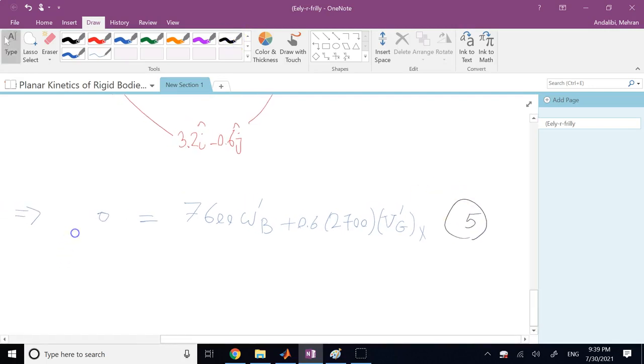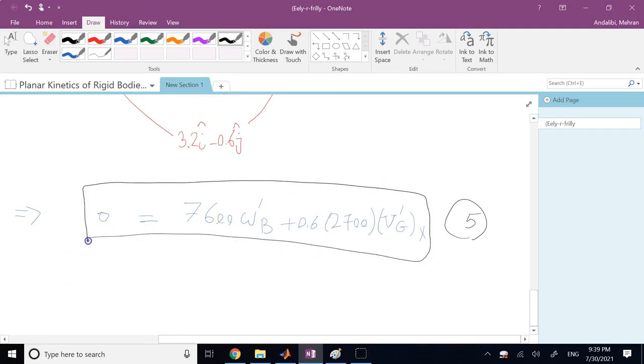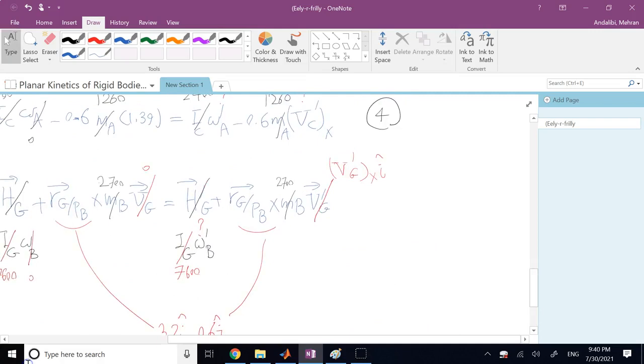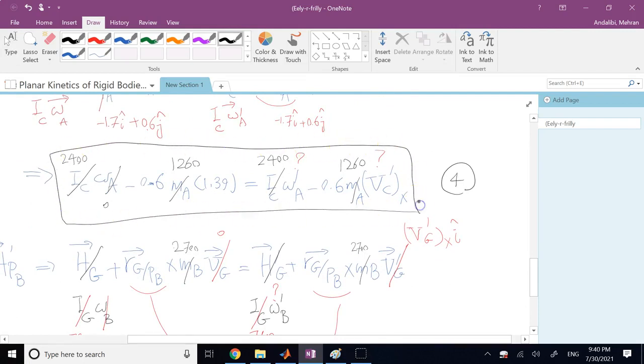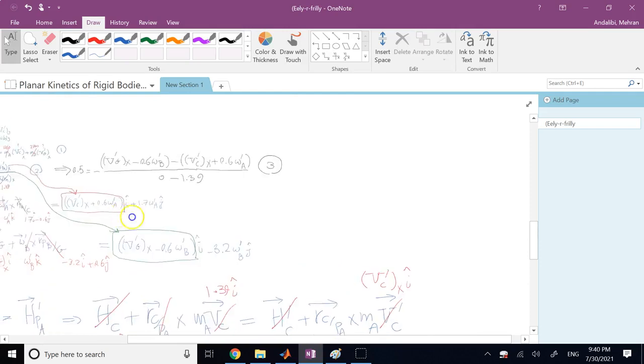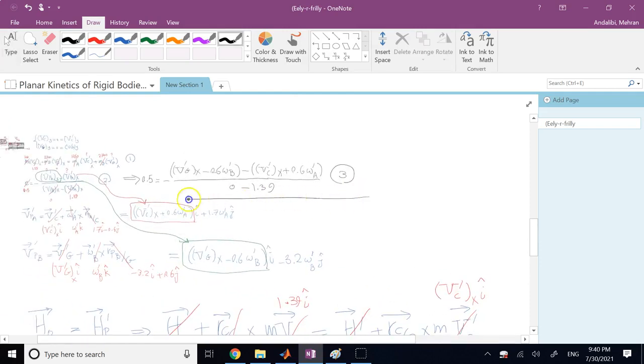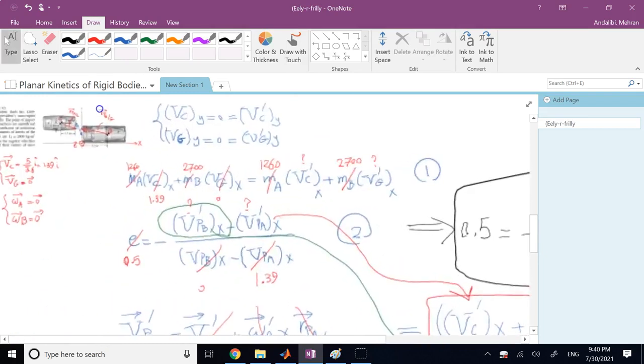So now I have 4 good equations. Equation number 5, equation number 4, equation number 3, and equation number 1.